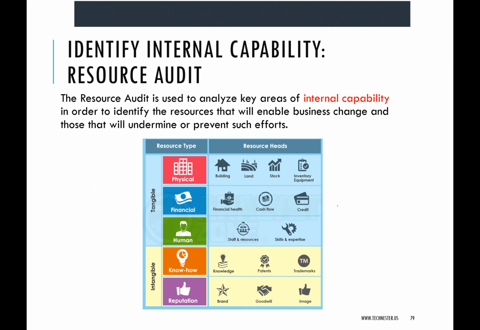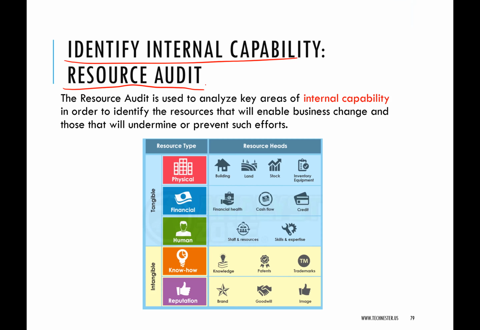So one key technique for identifying internal capability is what we call the resource audit. Now, the advantage here is that this is like a template, just like the Ishikawa model or fishbone diagram is a template that already tells you what you should look out for.